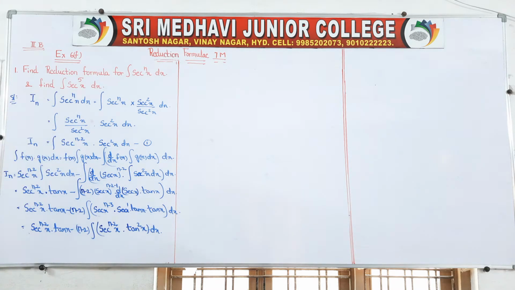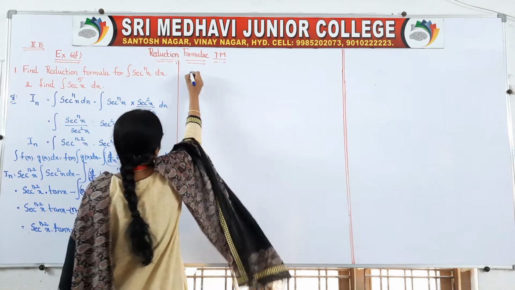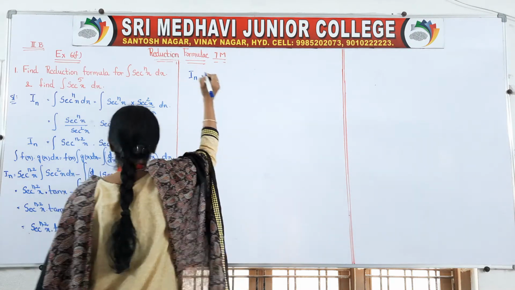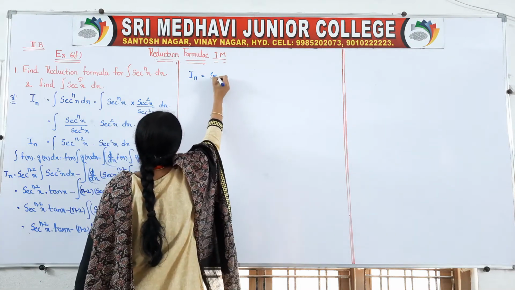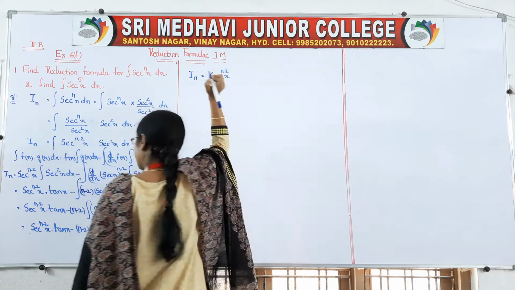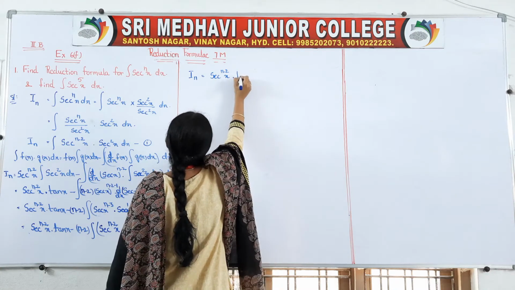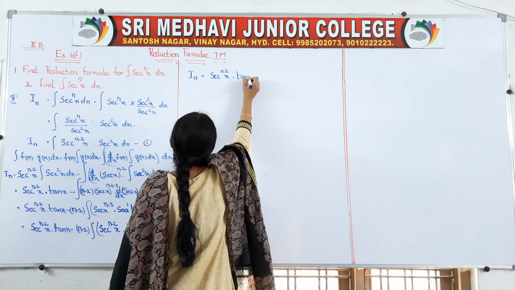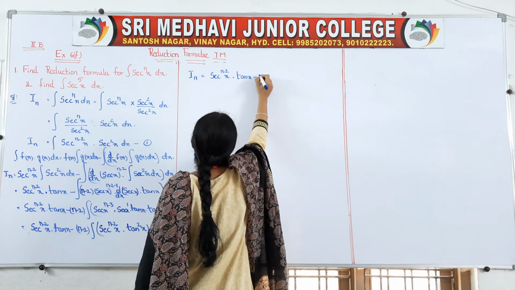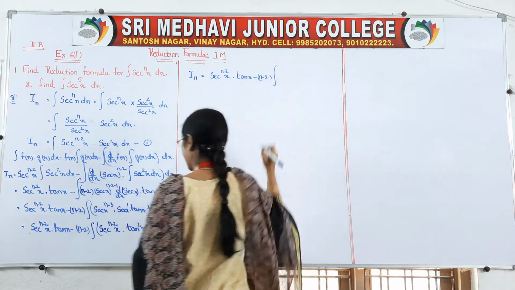So this is our In, right? So In is equal to, how can we write? This is secant to the power of n minus 2 x into tan x, minus n minus 2 into integral.